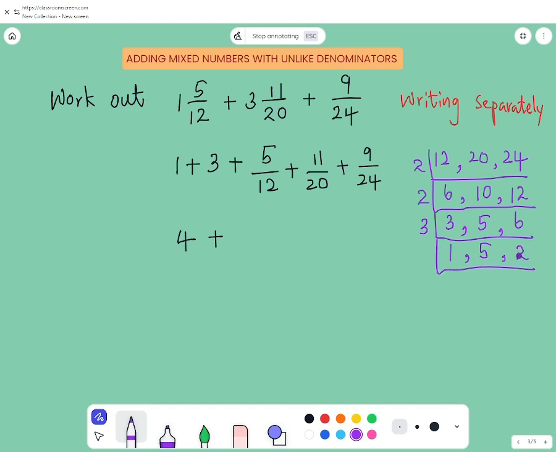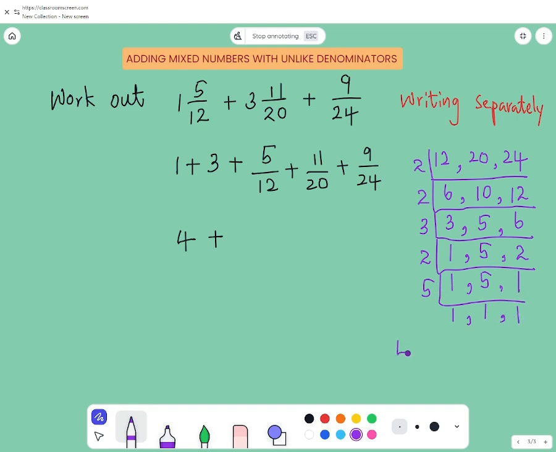Again I have 2 here. 1 continue. 5 can't. 2 divided by 2, that is 1. Then 5 is there. Divide by 5. 5 divided by 5, that is 1. 1 continue.